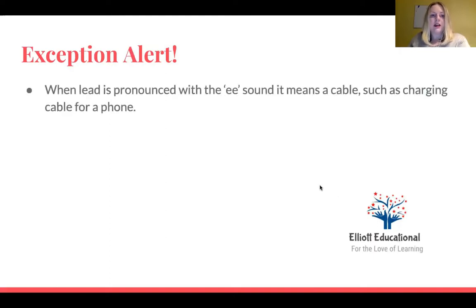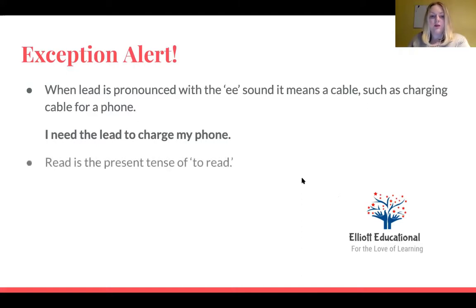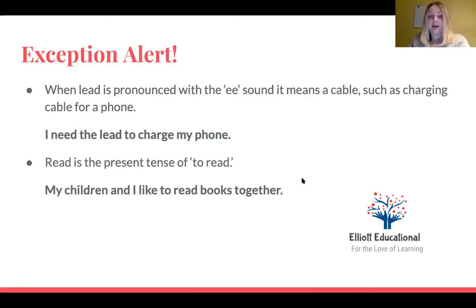When lead is pronounced with that E sound, it means a cable, such as a charging cable for a phone. So if I use that in a sentence, I need the lead to charge my phone. Read is the present tense of to read. So if I use that in a sentence, my children and I like to read books together.